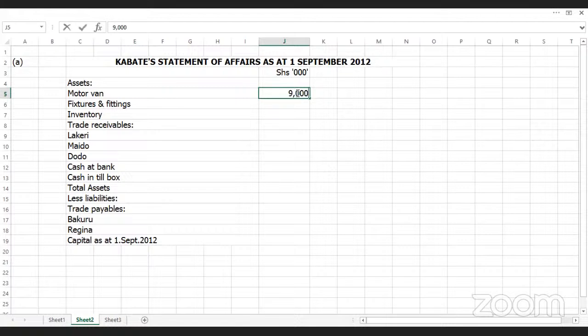That is an asset to the business. Then fixtures and fittings, how much? 12. Fixtures and fittings, that is 12,000. 12 million, okay.